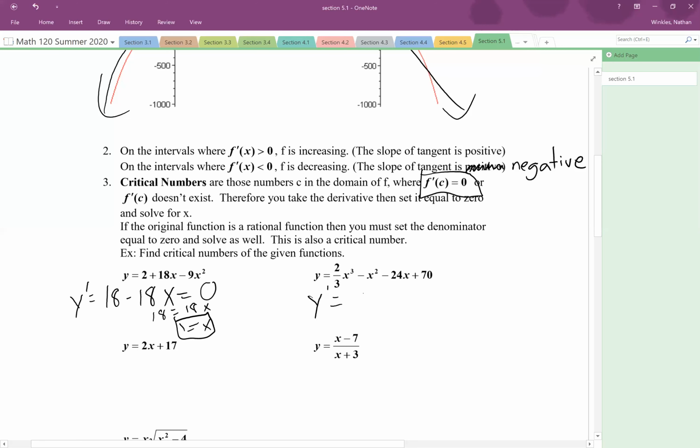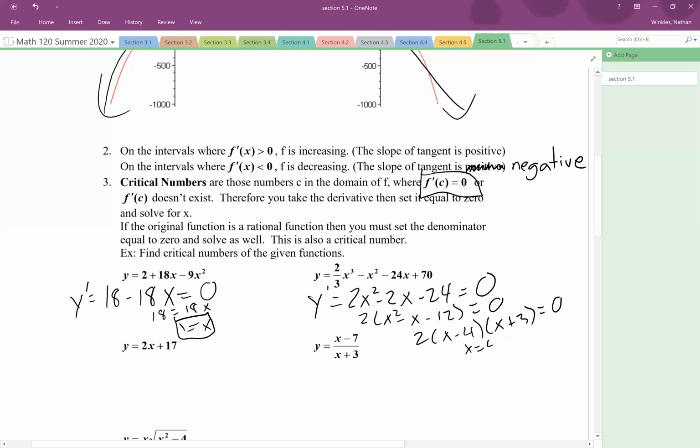For the second one, y prime equals 2x squared minus 2x minus 24 equals 0. If you factor out a 2, you get 2 times x squared minus x minus 12 equals 0. So 2 times x minus 4, x plus 3 equals 0. So x equals 4, x equals negative 3.